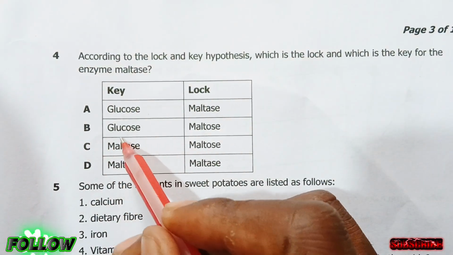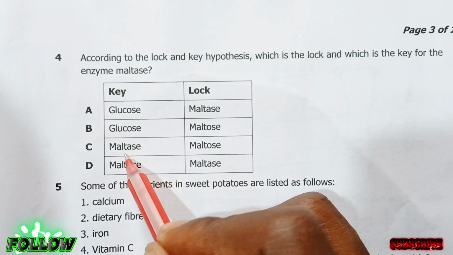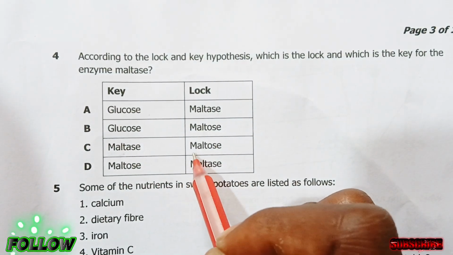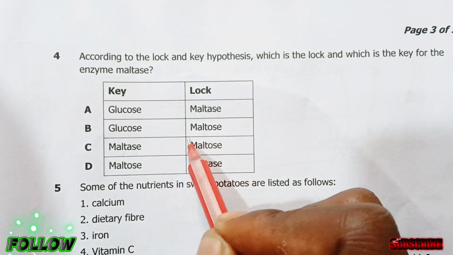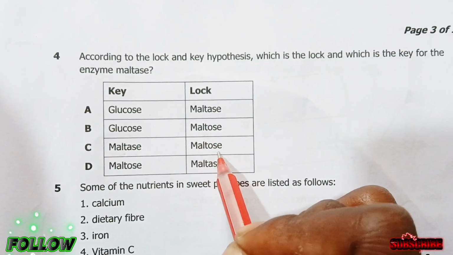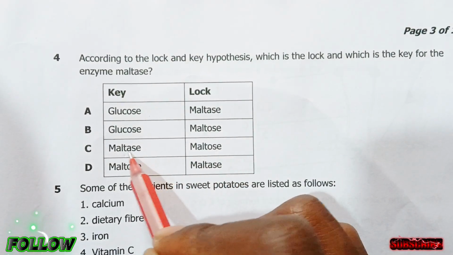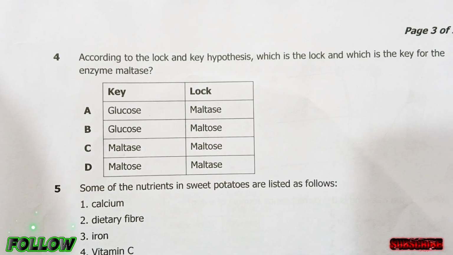This is an enzyme, and an enzyme is supposed to be a lock. And maltose is wrongly placed as a lock; it is supposed to be a key. So the answer here is D.